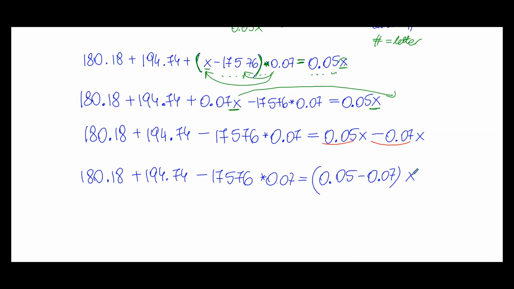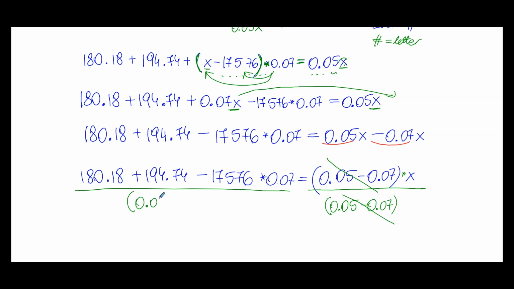Now, that means x is multiplied by this number. I don't need x multiplied by a number. I want just x. How do we eliminate multiplication? By dividing. And dividing both sides of the equation. So we divide this side by 0.05 minus 0.07. That becomes 1. And then we divide this side by 0.05 minus 0.07.